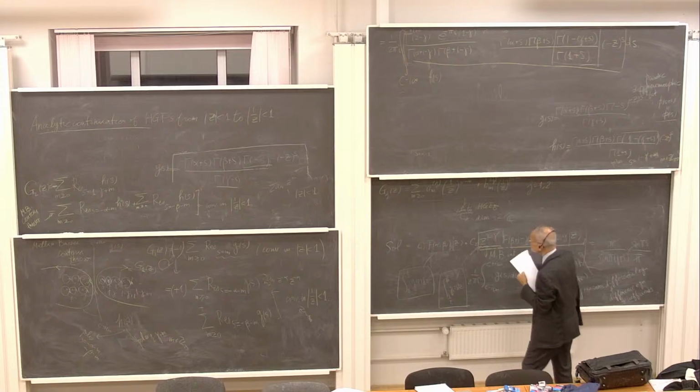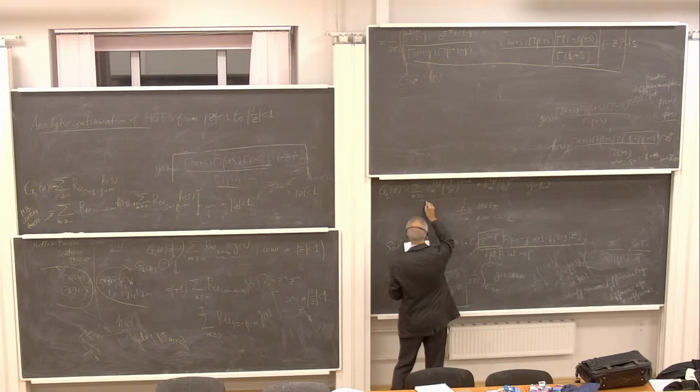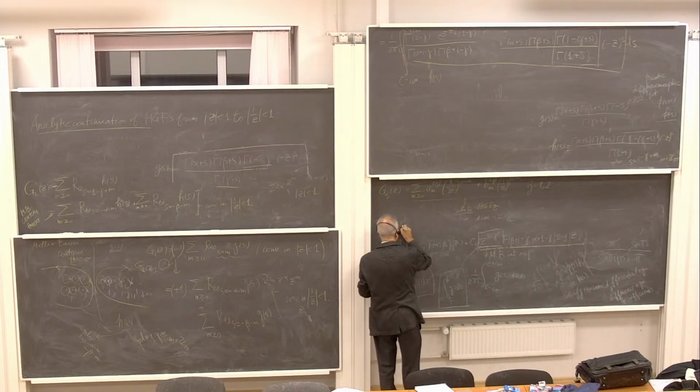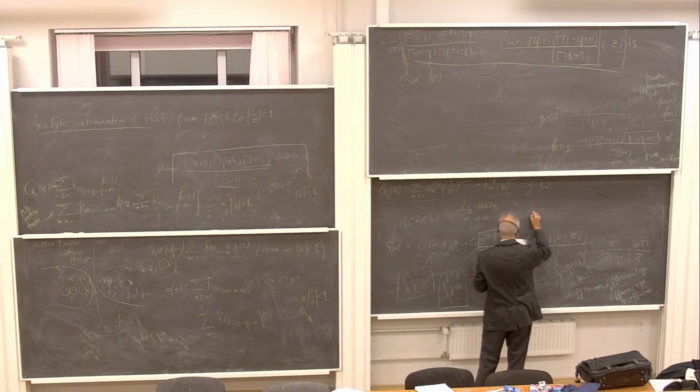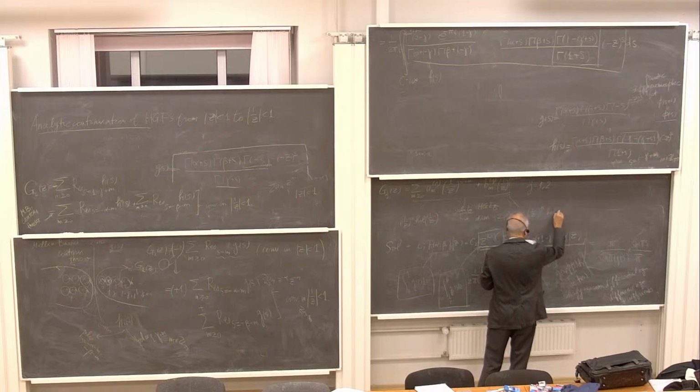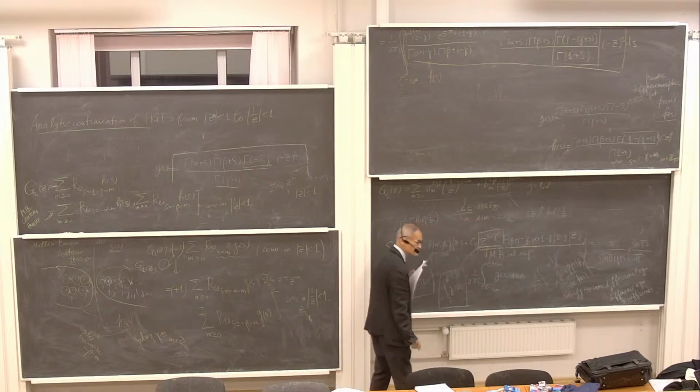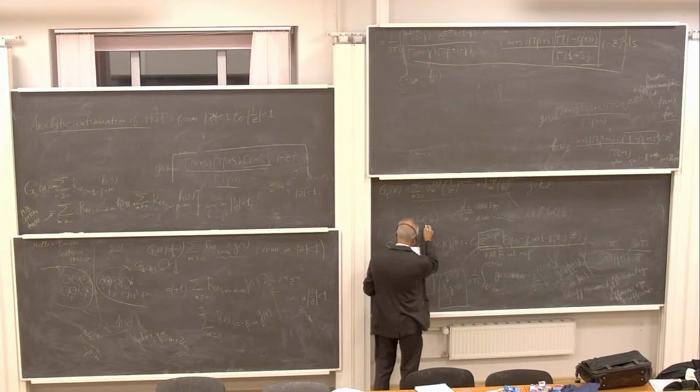There is a solution that behaves like 1 over z to the alpha times holomorphic in 1 over z, isn't it? And there is another one that is 1 over z to the beta times holomorphic in 1 over z. There are two types of solutions.